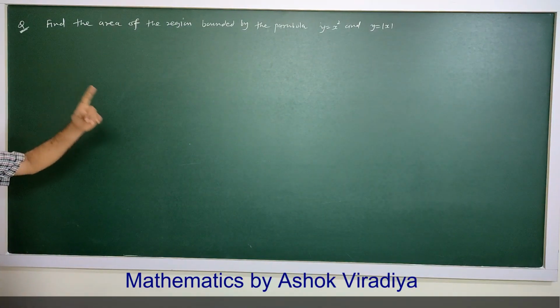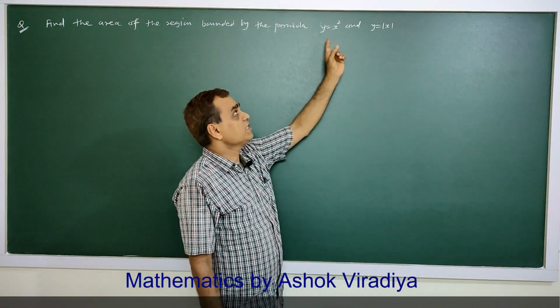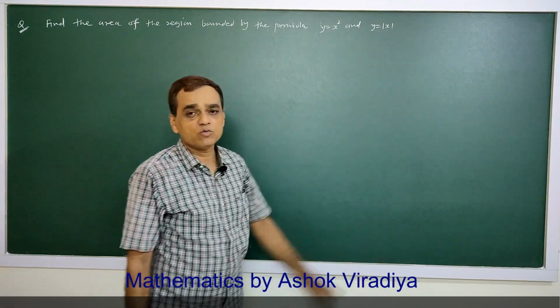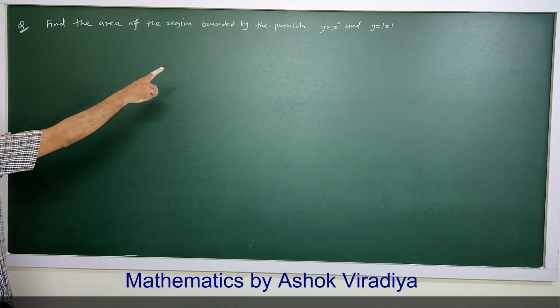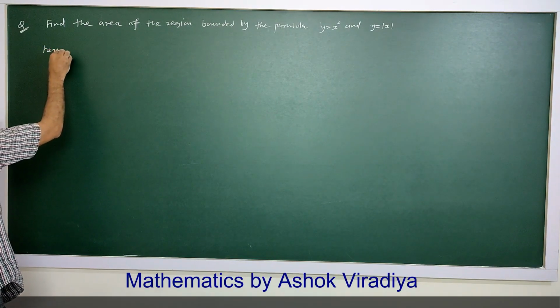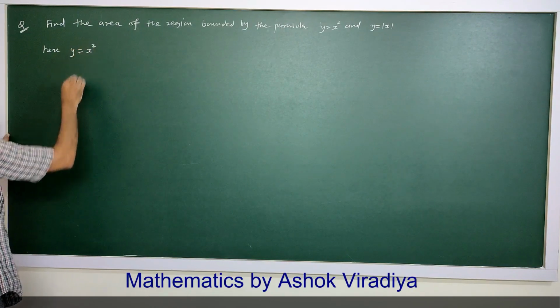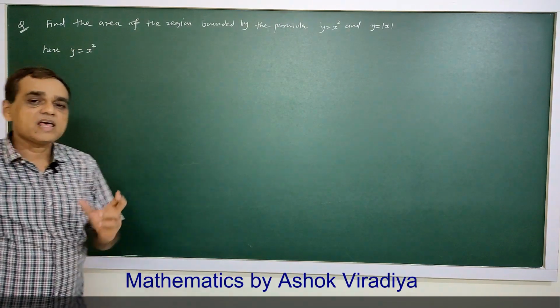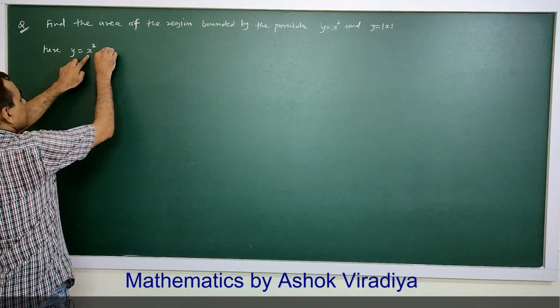Find the area of the region bounded by the parabola y equal to x square and y equal to modulus x. So here y equal to x square, that means x square equal to y.